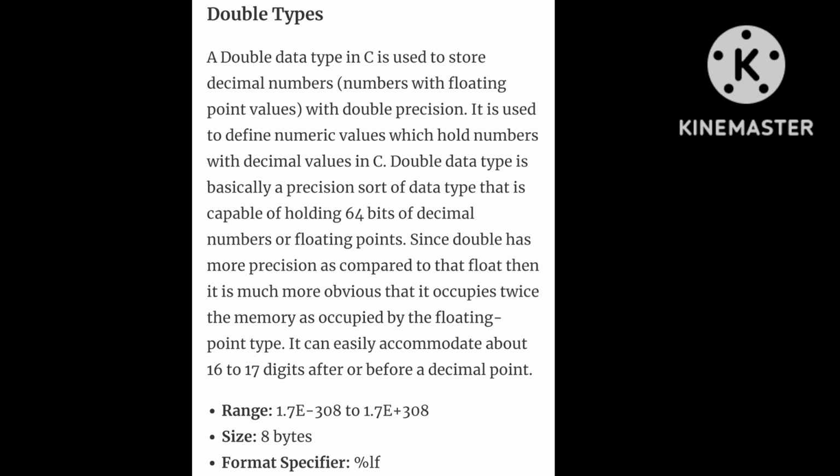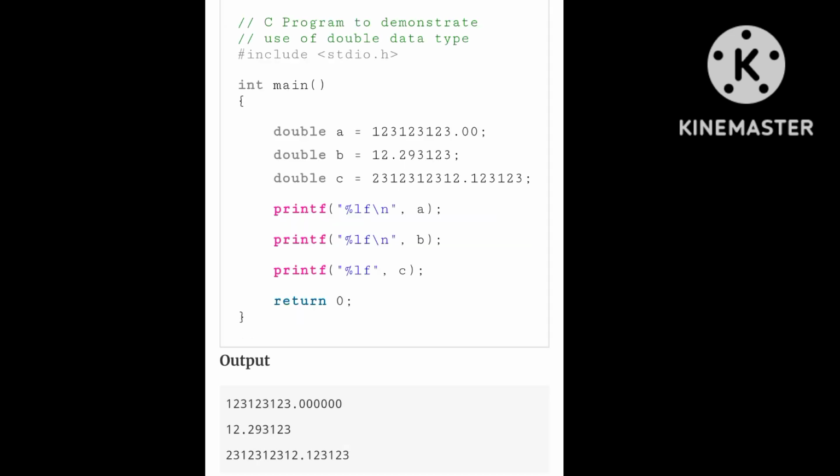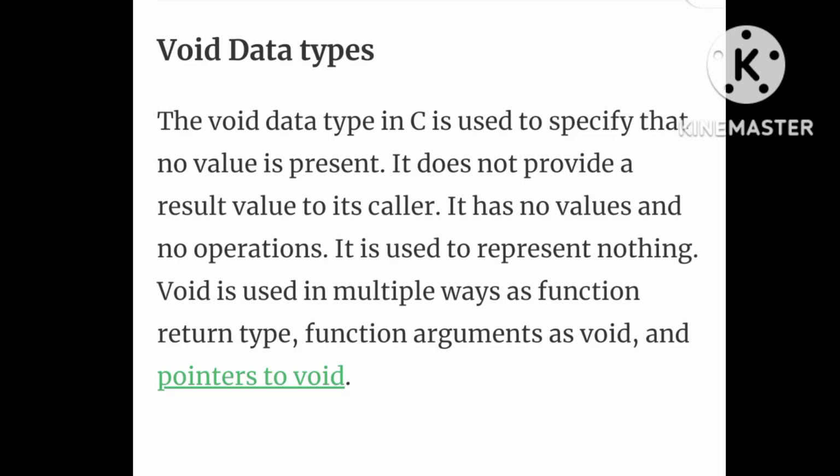It occupies twice the memory occupied by the floating point type. It can easily accommodate about 16 to 17 digits after or before the decimal point. The range is 1.7e-308 to 1.7e+308 and size is 8 bytes. And this was the C program to demonstrate use of double data type.